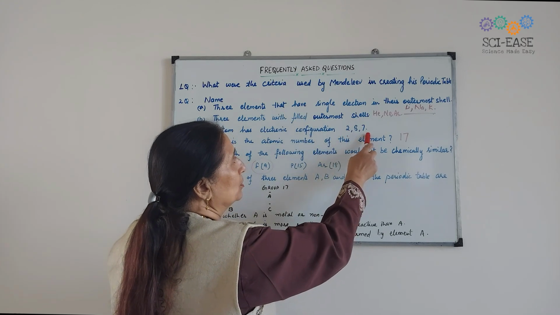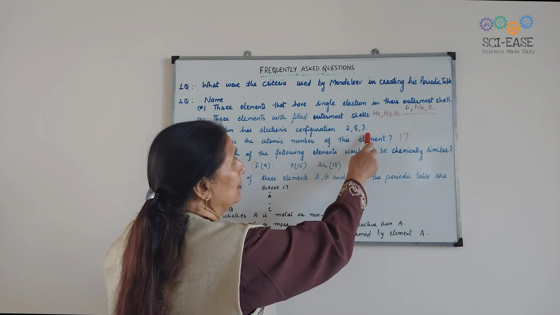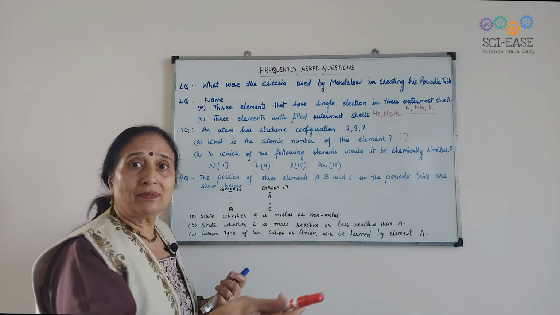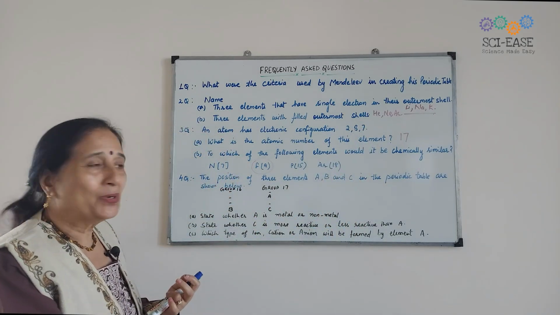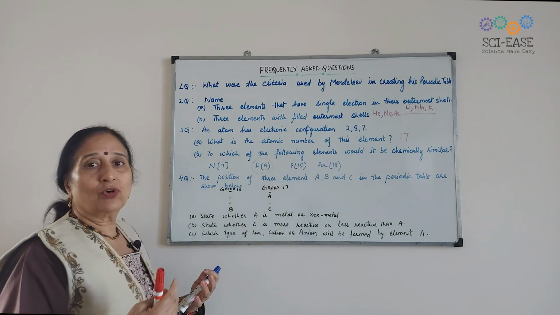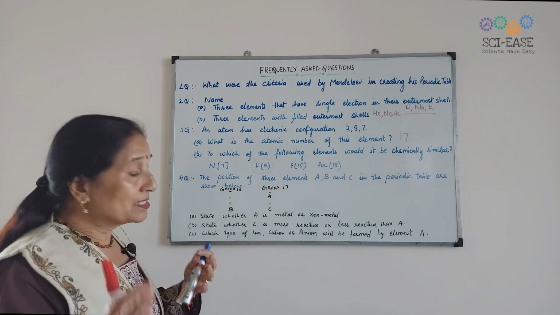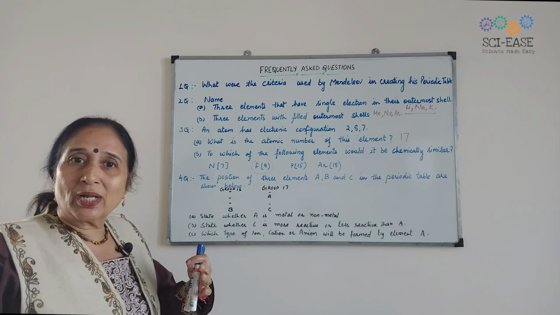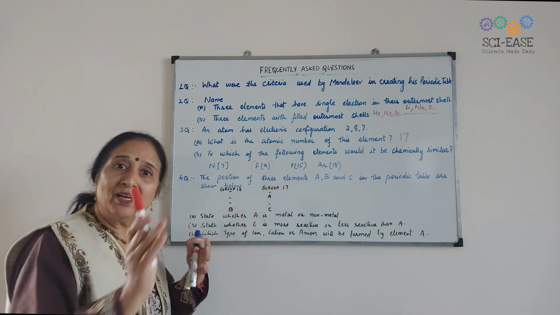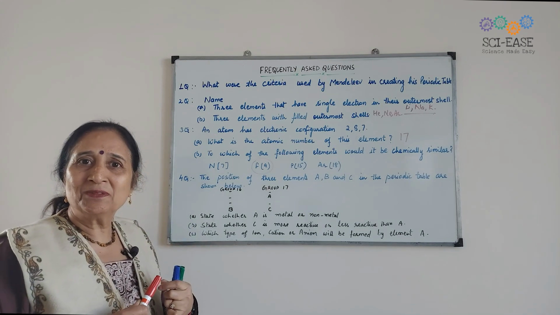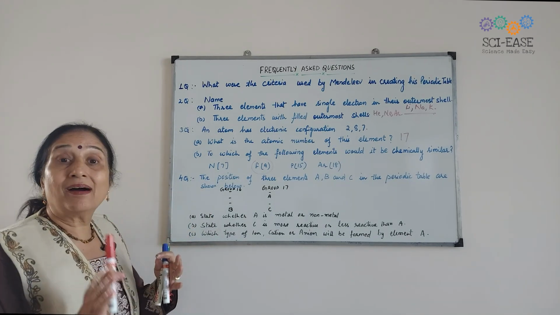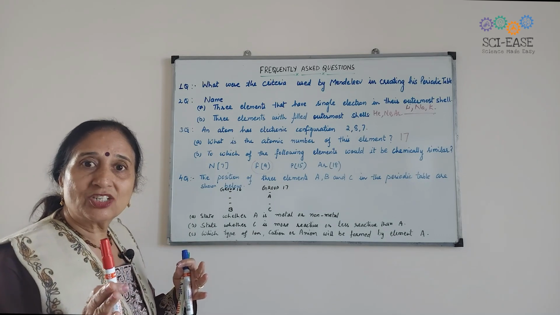So what will be your answer? It will be 12. 12, that is magnesium. Okay, that is magnesium. Then to which of the following elements would it be chemically similar? Among the options, they will give one similar element, so you can do it. Okay, so such types of questions are expected from this chapter.